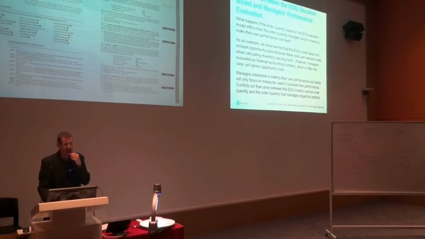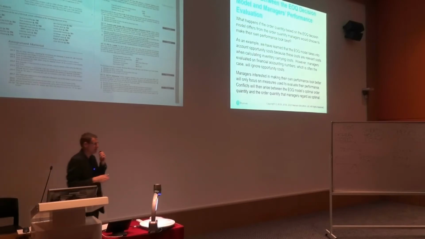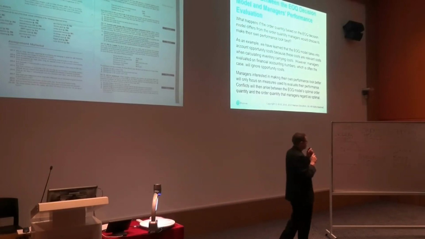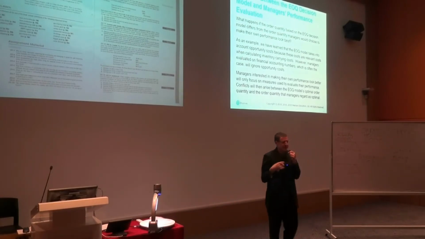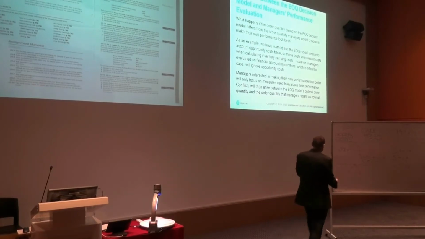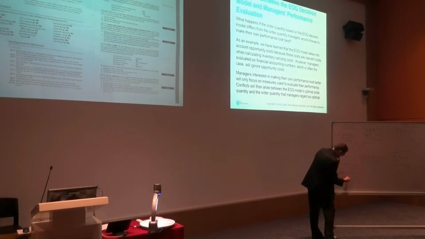Conflicts between the EOQ decision model and managers' performance evaluation. Now I want you to think humanistically about this. So far, we have talked about the EOQ, then we introduced some uncertainty, that we may get the prediction wrong.